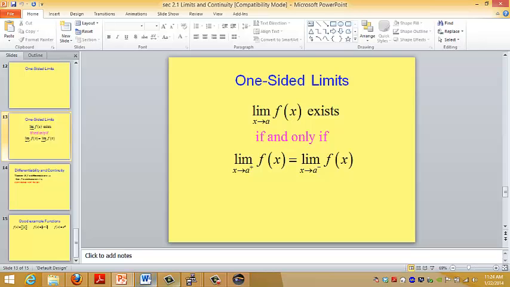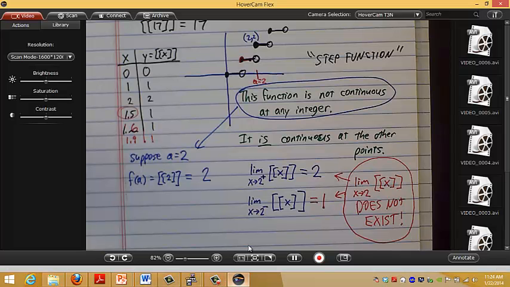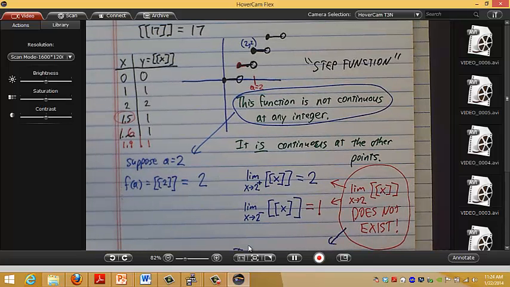And then to go back to, is this continuous? See, since the limit does not exist, well, therefore, this greatest integer of x is not continuous at x equals 2.